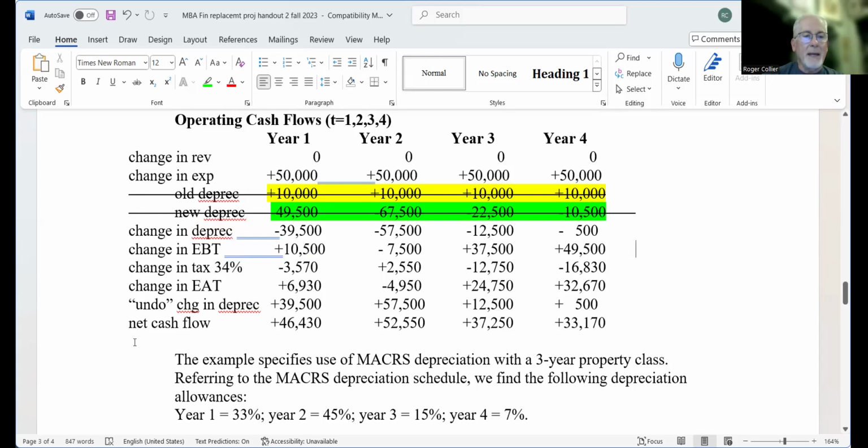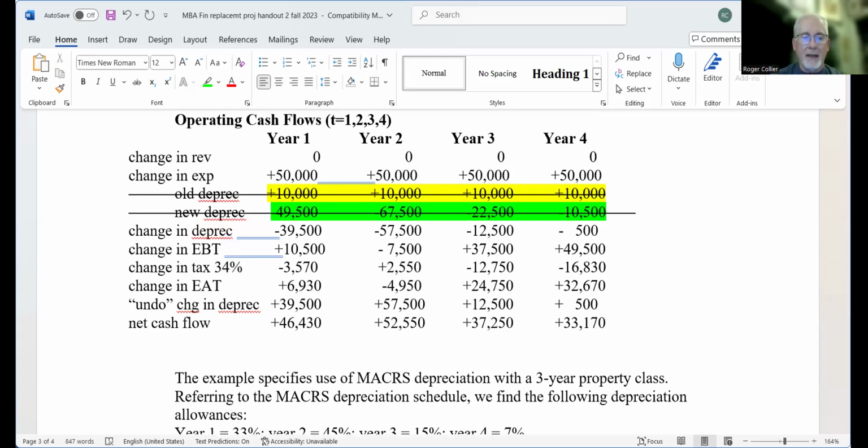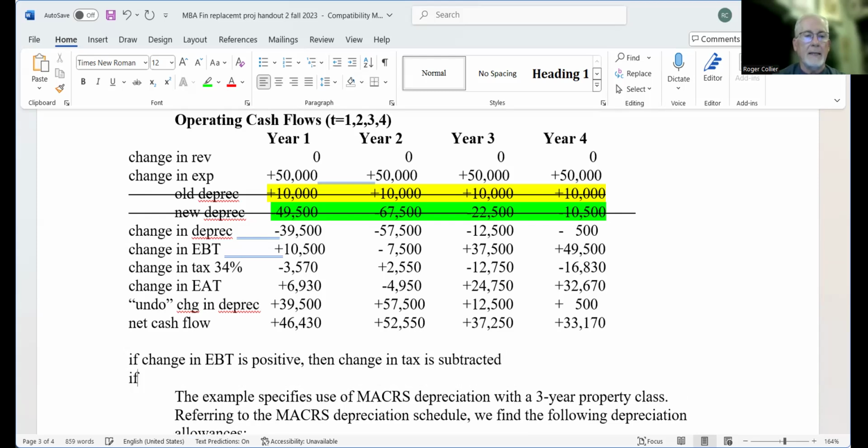Right, and now it's maybe worth writing down that if change in EBT is positive, then change in tax is subtracted. And if change in EBT is negative, then change in tax is added.